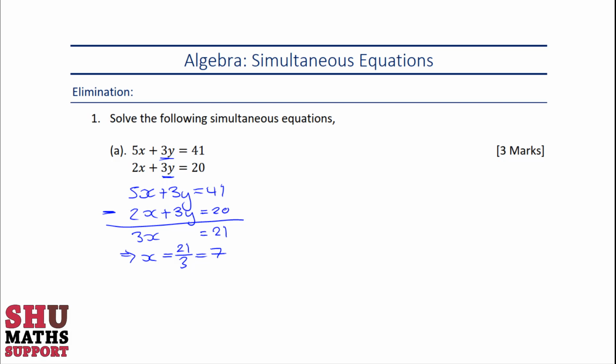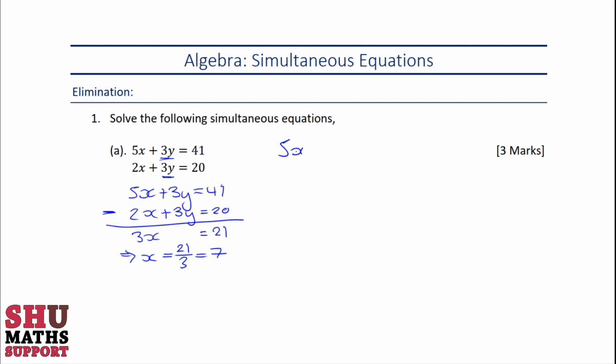And we can do something similar to find y, but we do need the x variables to have the same coefficient. So in this case, we want to multiply or divide each equation by a factor in order to get the coefficients of x to be the same.